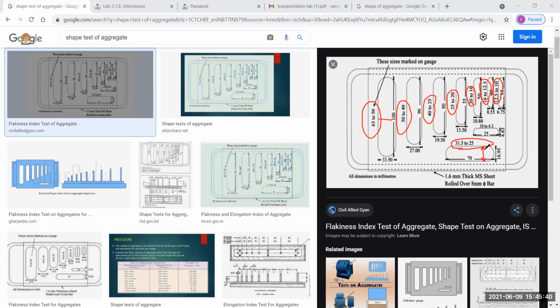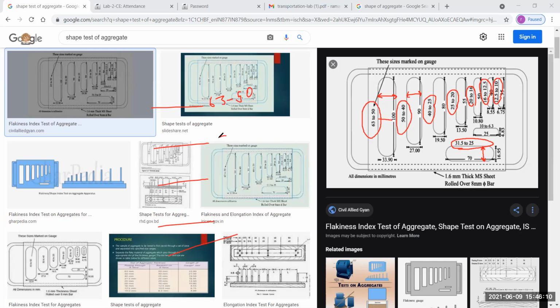So you already see carefully, here is the slot opening, here is the slot opening, also here is the slot opening. You take your fractions, you put all your fractions here. For 63 to 50 you have 200 pieces.